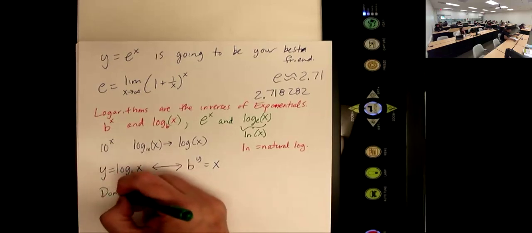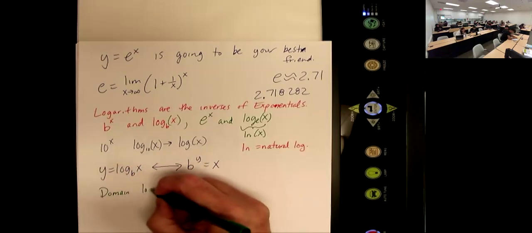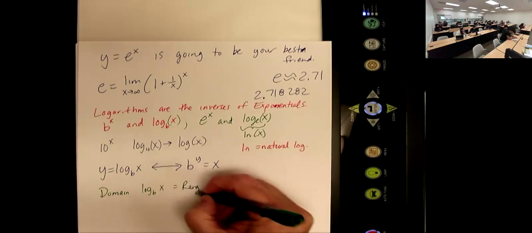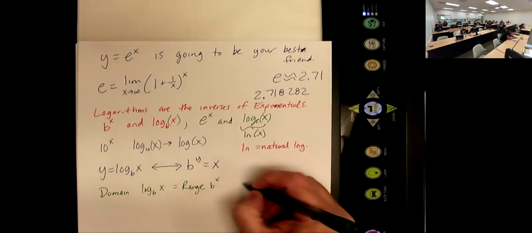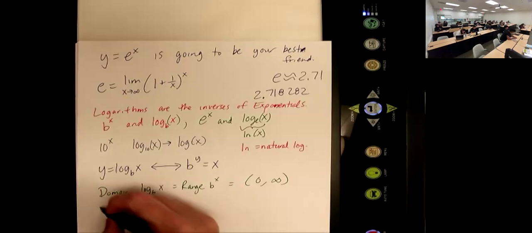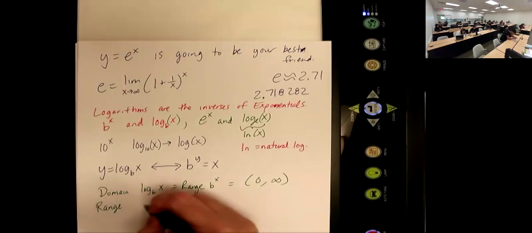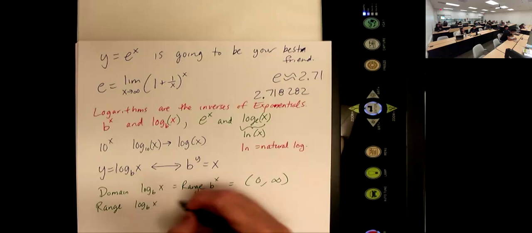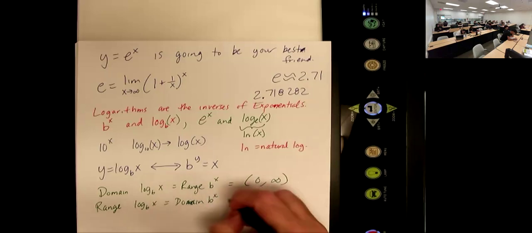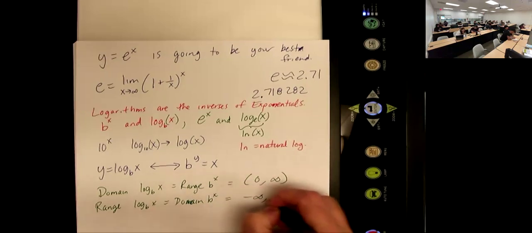The domain of log base b is the range of b to the x, and that was 0 to infinity. The range of log base b of x is the domain of b to the x, which is negative infinity to infinity.